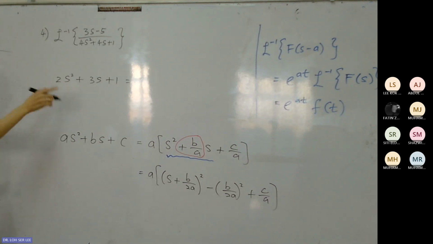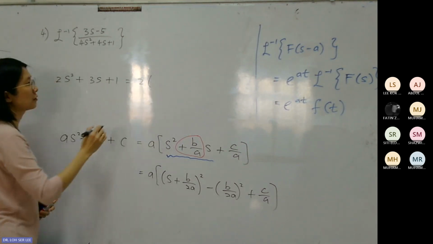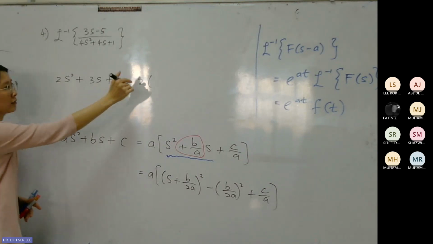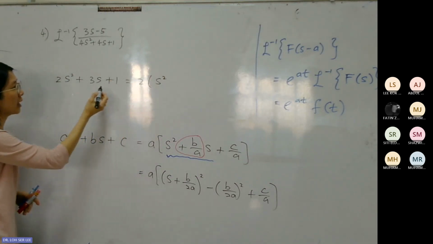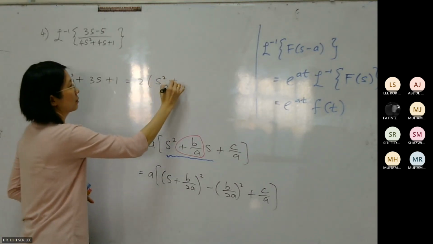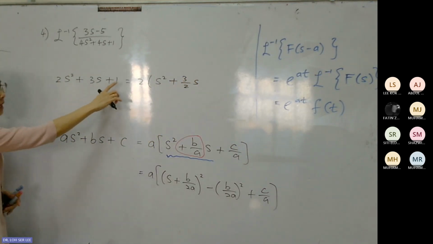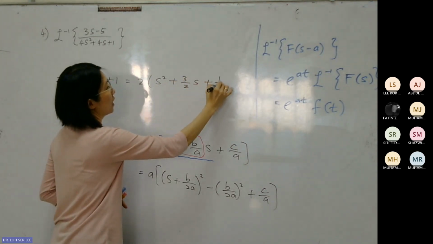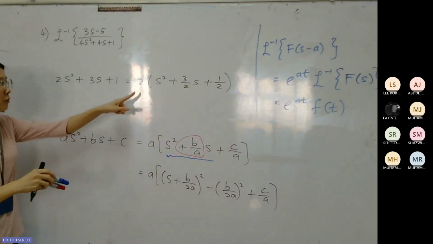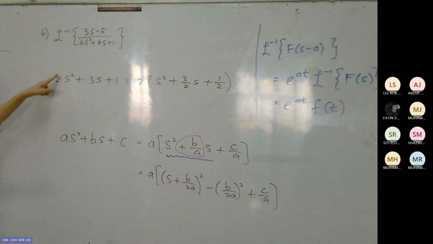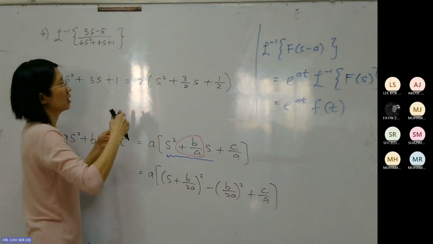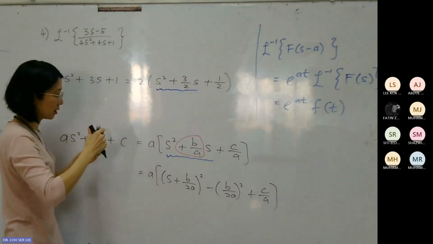This is not 1, so we have to factorize the 2 first. So what do you have here? S squared plus 3 over 2 s plus 1 over 2, because we factorize this value first. Then only we complete the square for these two terms.